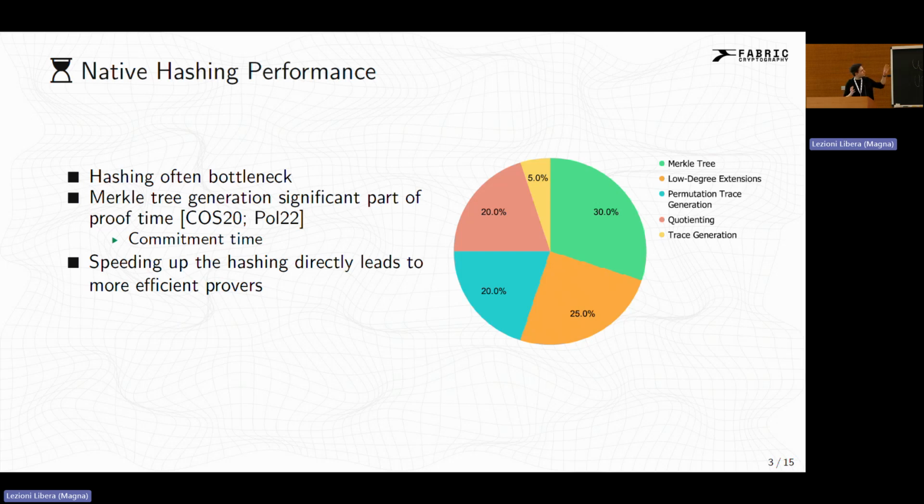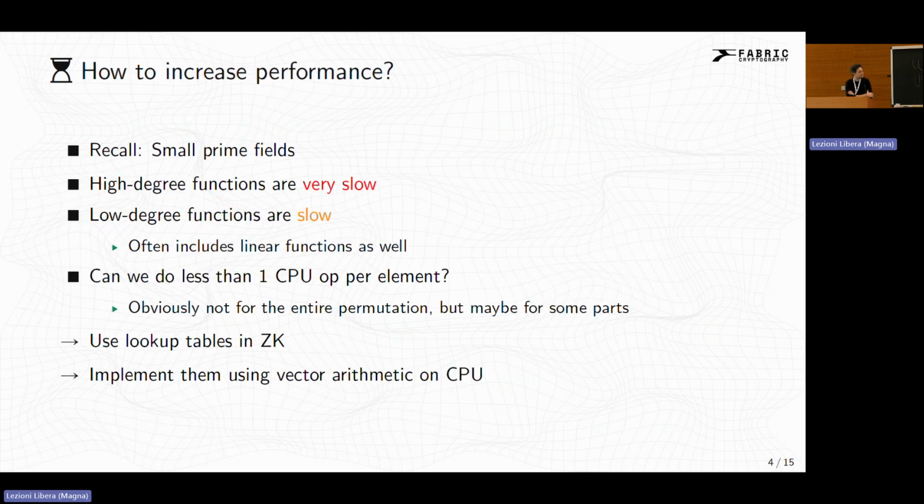And I would expect this to dominate the cost of the entire proof, specifically if we already accelerate, for example, the orange part, the NTT part. So it's quite important to make hashing fast because then the proof also gets much faster. So the question is, of course, how do we make it fast while also retaining some level of security?